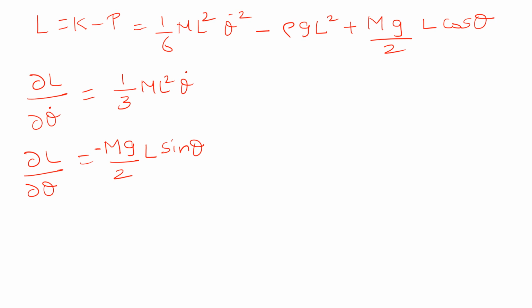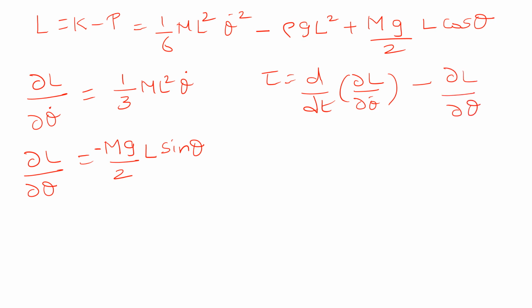So we have the torque equation: tau is equal to d by dt of dou L by dou theta dot minus dou L by dou theta.